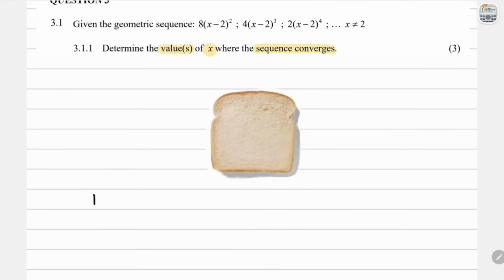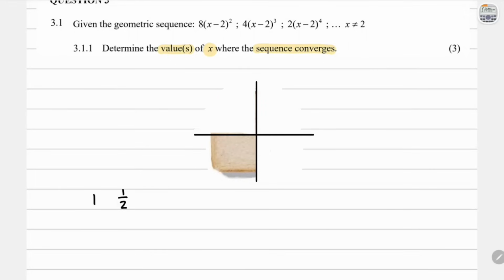If we cut it in half, then we have half a piece of bread. If we cut that in half, then we have a quarter of that slice. If we cut that again in half, now we have an eighth. And basically, you see where this is going.